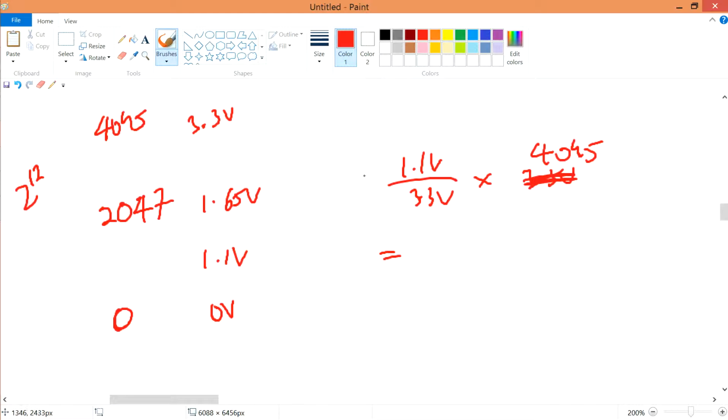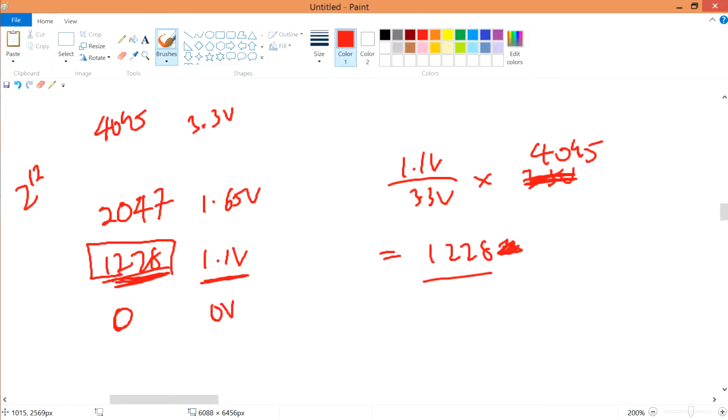If you do that, you have about 1228. So different voltages can be represented by different numbers of bits. This is how it is worked out.